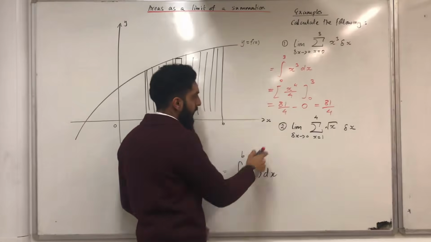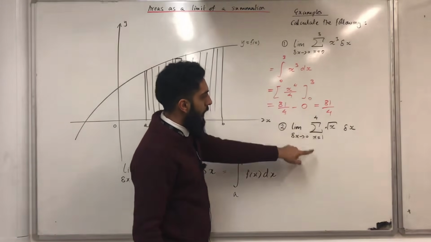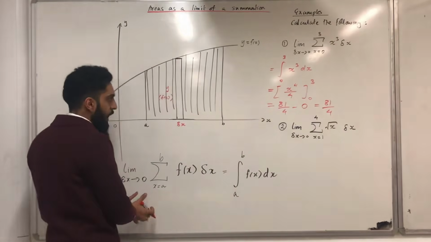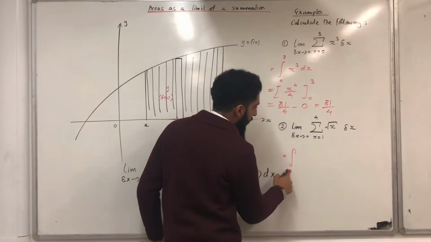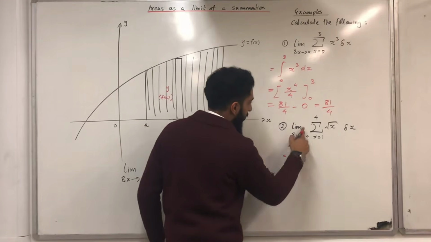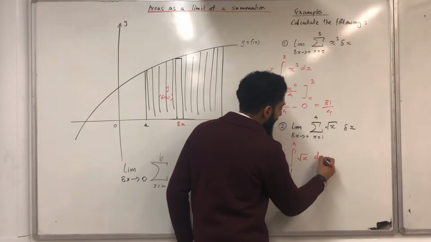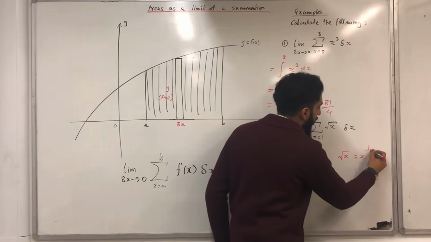Question number 2. Limit as delta x tends to 0 of the sum from x equal 1 to 4 of square root x delta x. Using this particular concept, I know that this is equivalent to the integral from the lower limit, which is 1, to the upper limit, which is 4, of square root x dx. I know that square root x can be rewritten as x to the power a half.